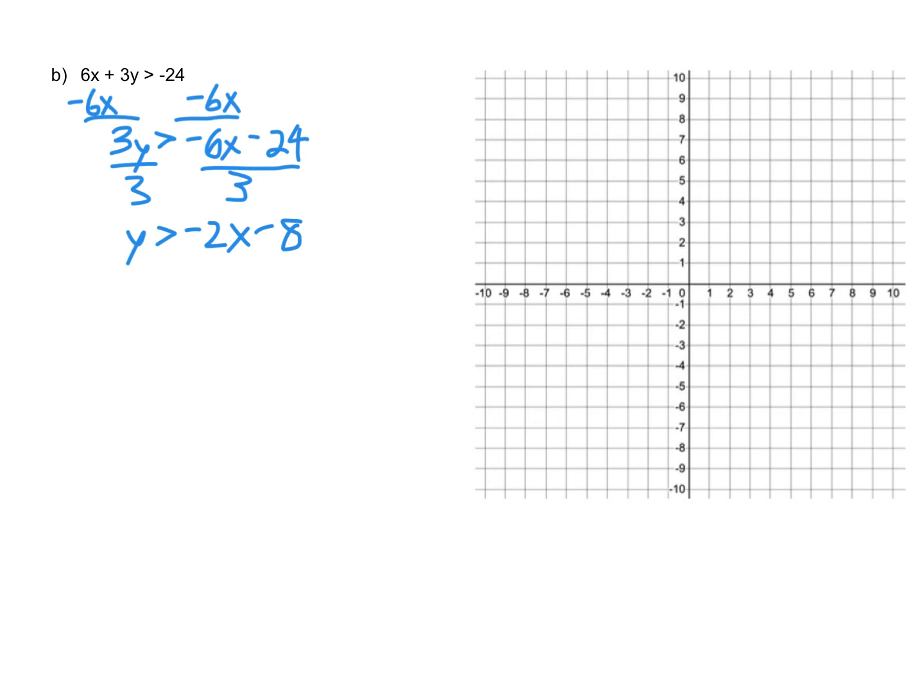Otherwise, that'll look like this. We have an open circle at negative 8. From there, we went down 2, right 1, put a point. Similarly, I had to go up 2, back 1 to get my other points. Now it's a dashed line because strictly greater than has to be open circles with dashed lines. And that means that nothing on this dashed line or open circles is part of the solution.